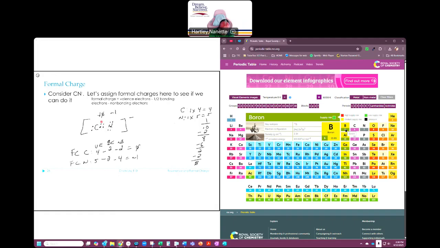I'm going to put another pair in here, and I'm actually going to move both of these so that it goes like that, just for aesthetic reasons.